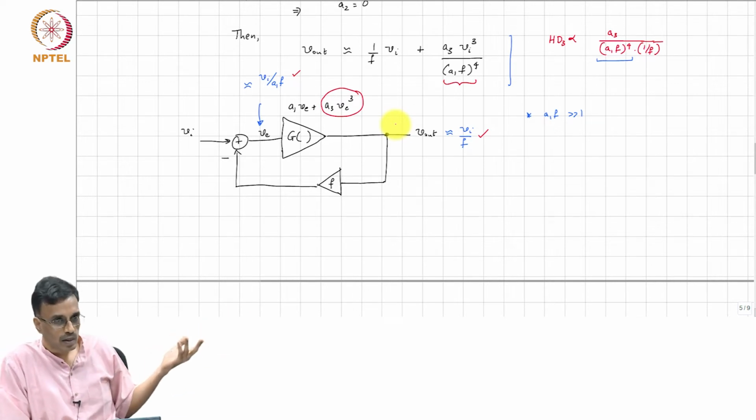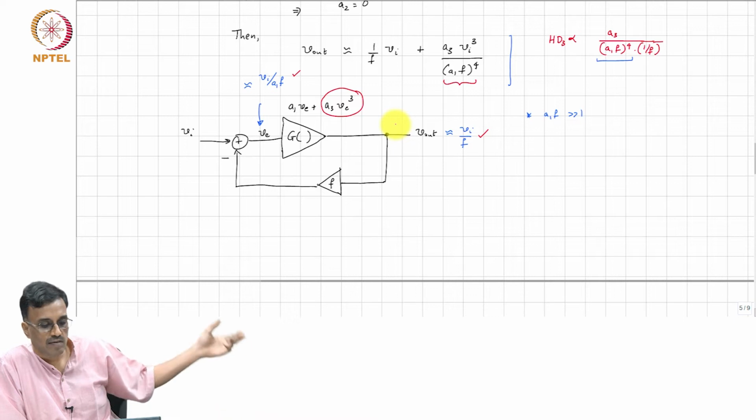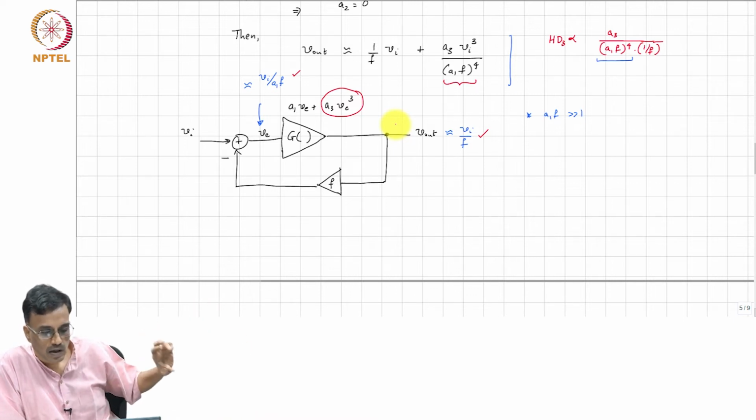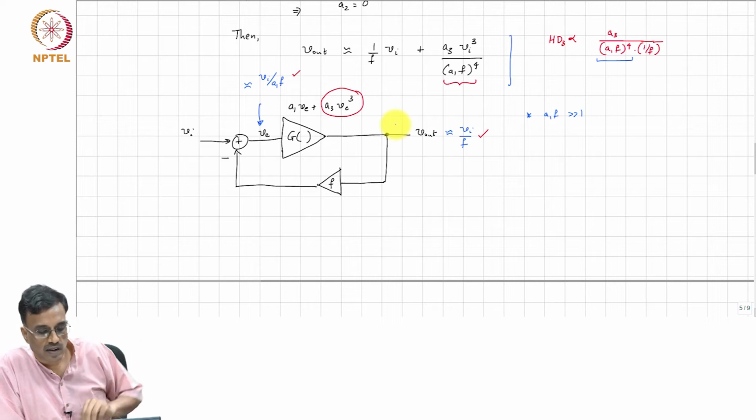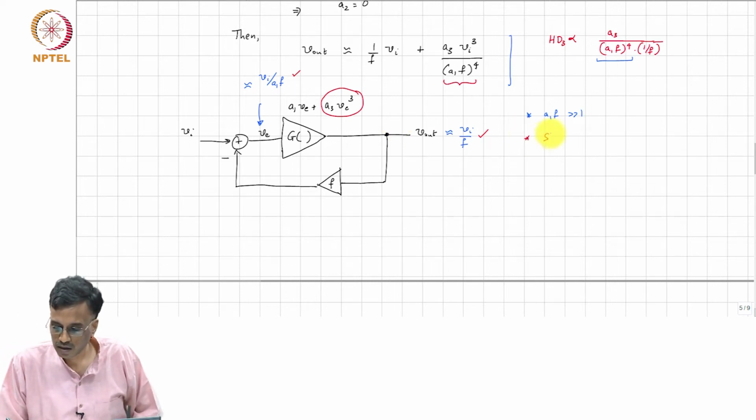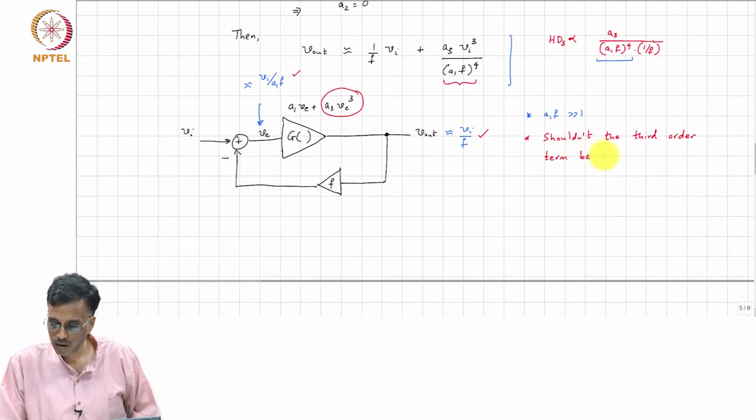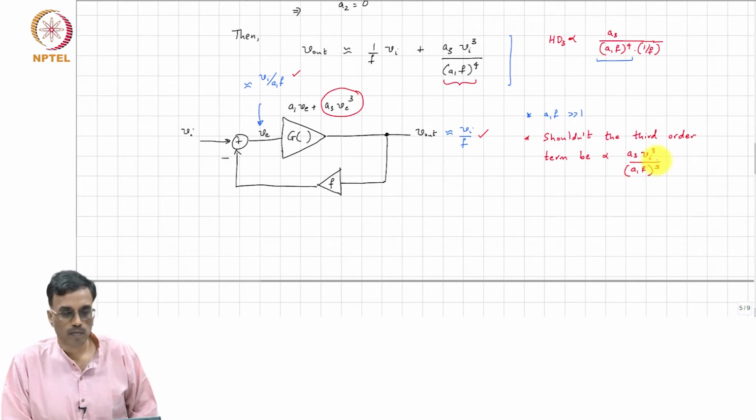So, it seems reasonable that the output will be basically Vi by f, which we knew already, the fundamental term, but the third order term, shouldn't the third order term be proportional to A3 times VE cube, which is Vi cube by (A1f) the whole cube, right.